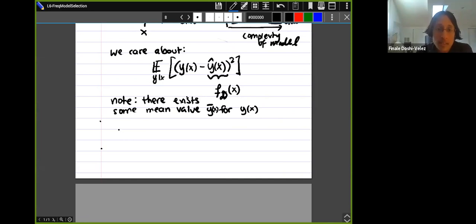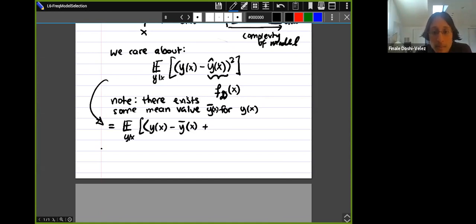So I'm going to incorporate that into this expression, and I'm going to say that this expression over here is equal to the expectation over y given x of (y of x minus y bar of x plus y bar of x minus y hat of x) squared, right? All I've done here is added a 0 by adding and subtracting. So that part is cool.